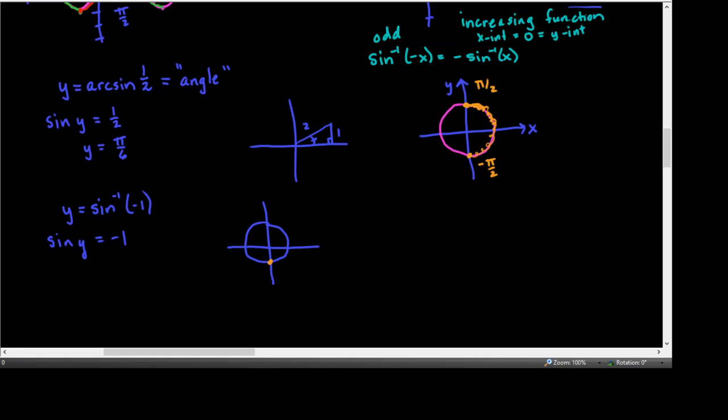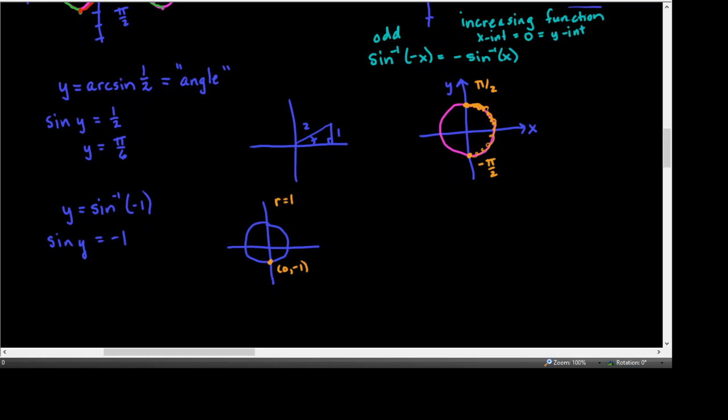Remember on the quadrantals, we use a unit circle, and so the sine is the y-coordinate of the point when that happens, and that's the only place on the unit circle where y is -1. And what angle is that?